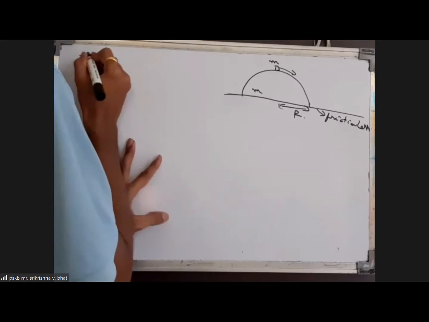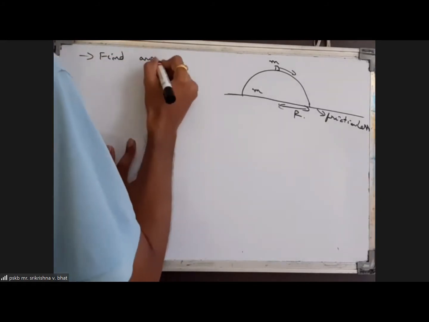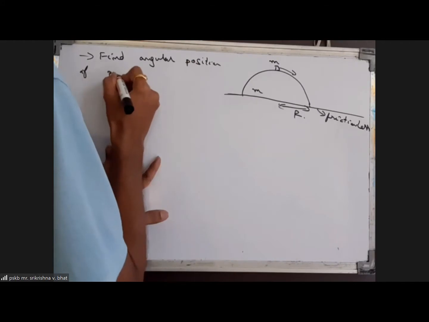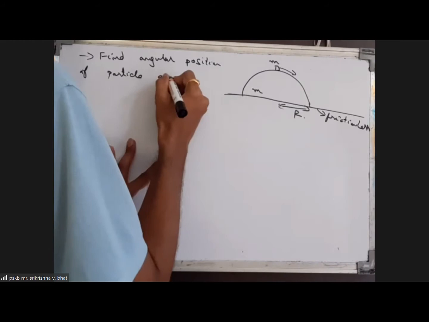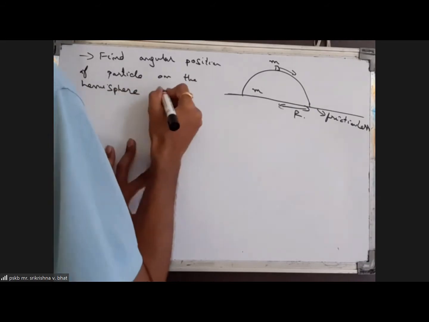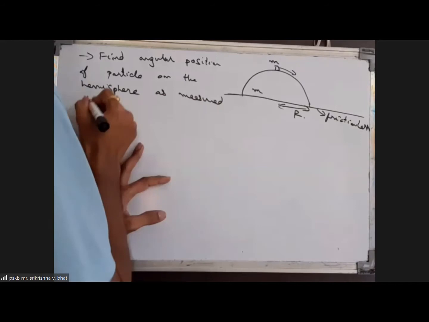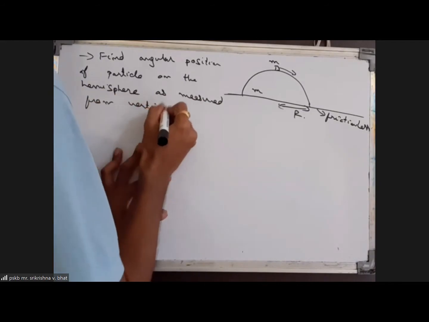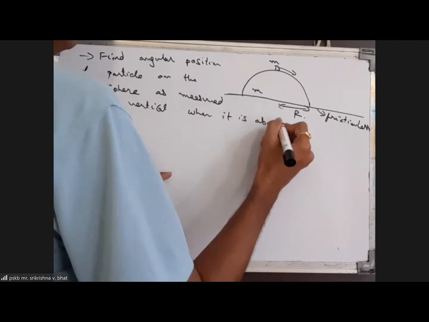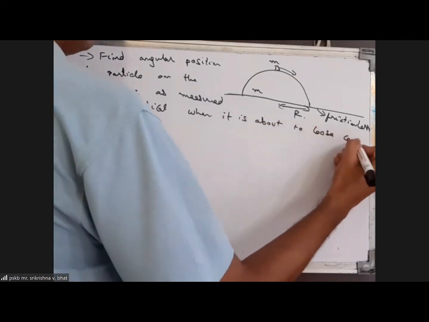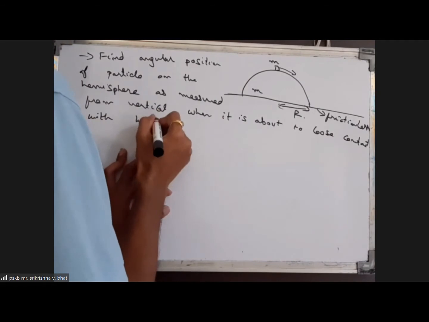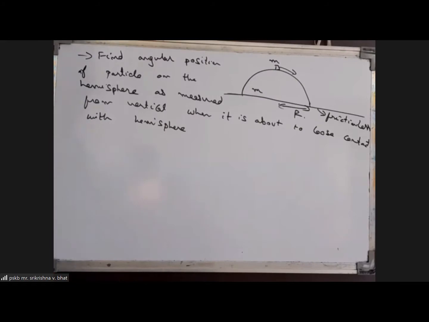Right. So we have to find the angular position of the particle on this hemisphere, as measured from the vertical, when it is about to lose contact with the hemisphere.